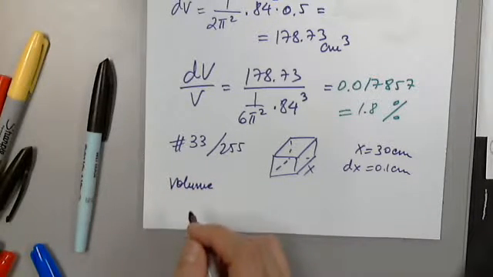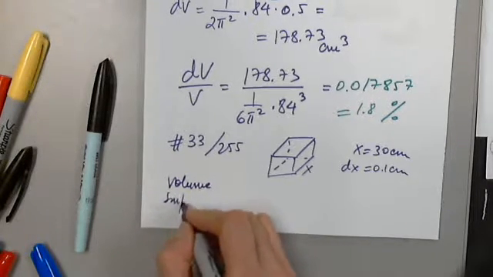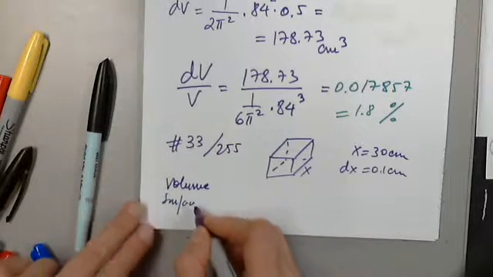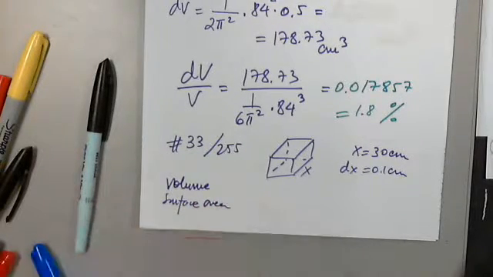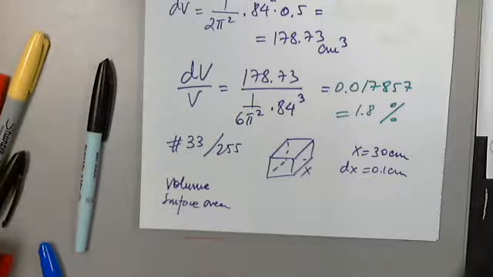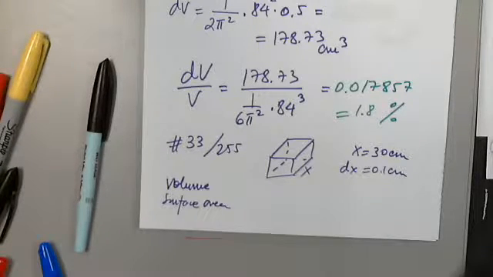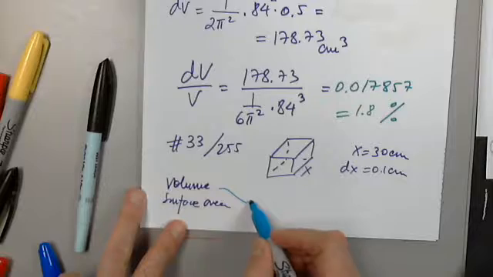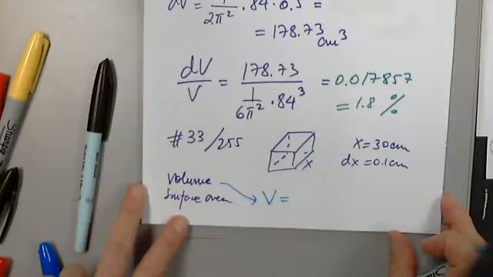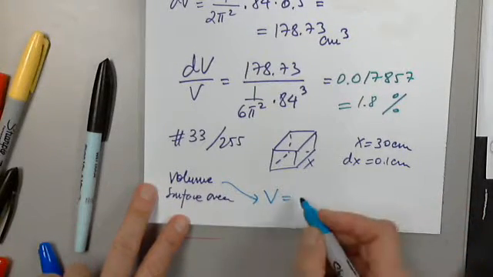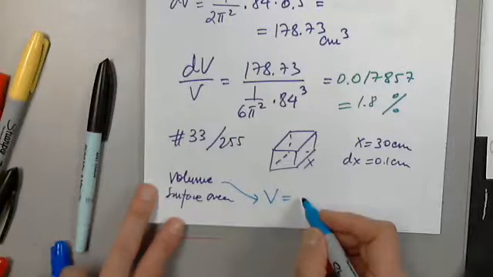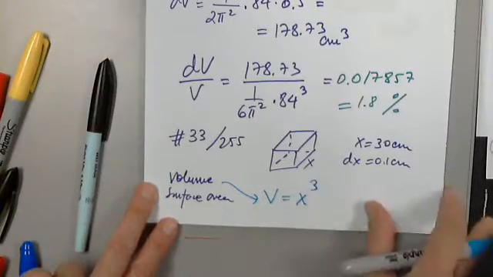Then in computing the surface area. Very good. So let's start with what? What do we start with? The volume of the cube, which is... very good.